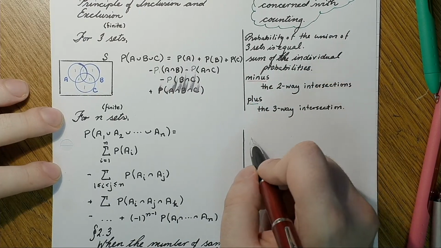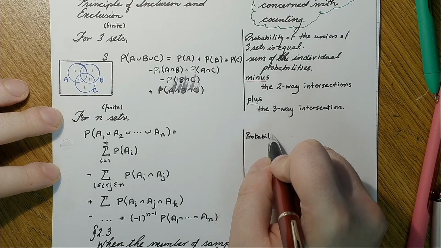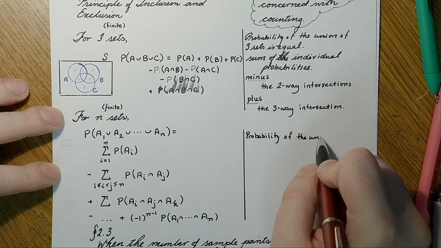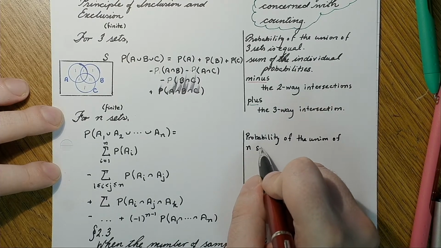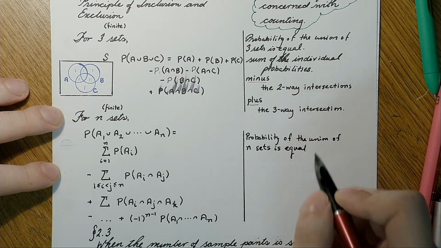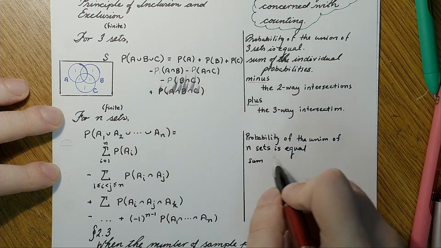So again, if I wrote it out in words, it's just the probability of the union of n sets is equal to the sum of the individual probabilities.